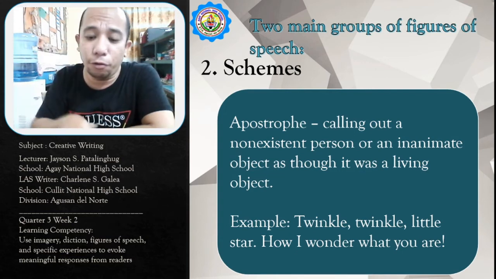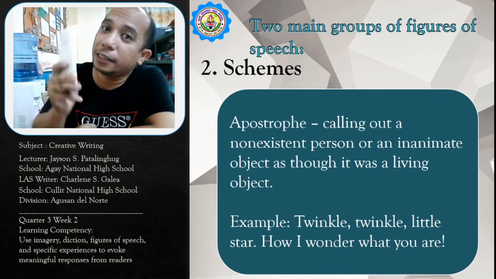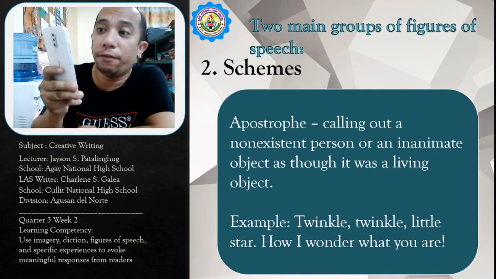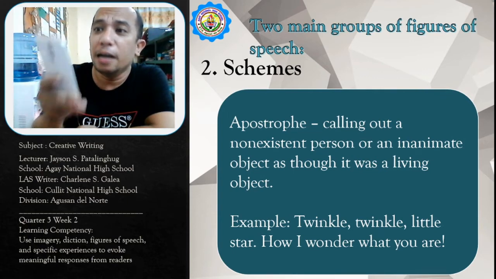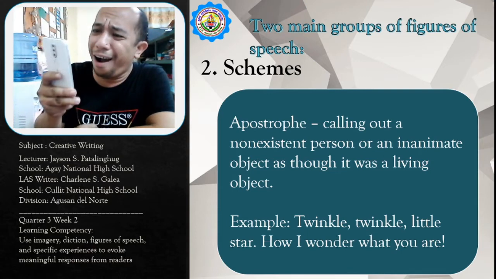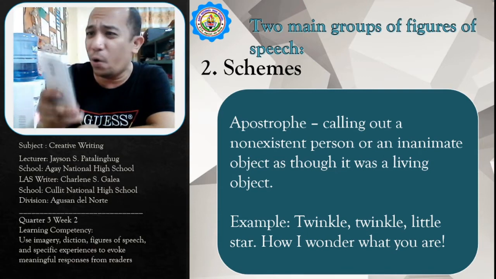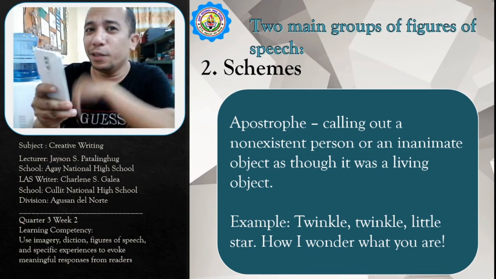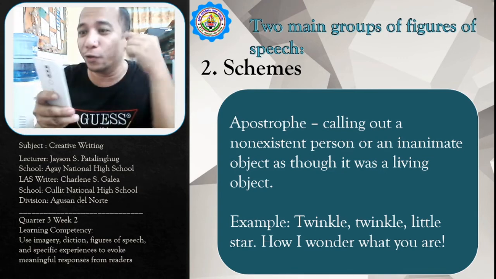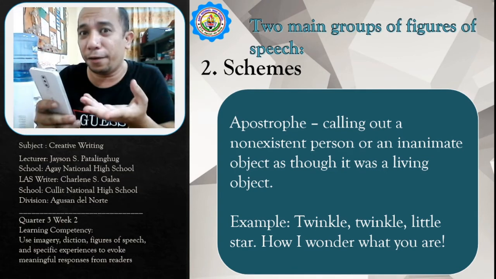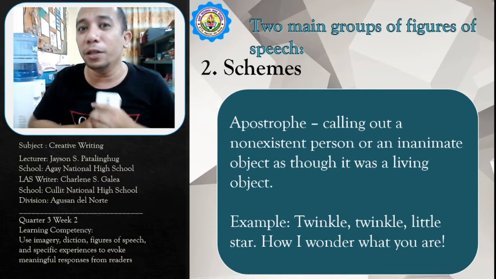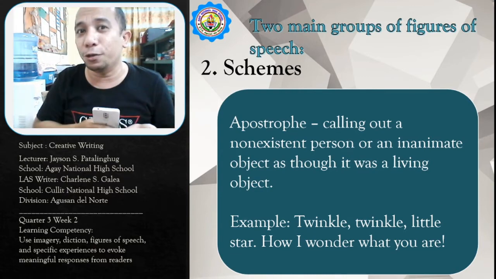You're talking to a smartphone as if the smartphone is a living person. Smartphone, why are you so boring? The smartphone is an object, but you are talking to it as if it's a living object. That's what we call apostrophe.